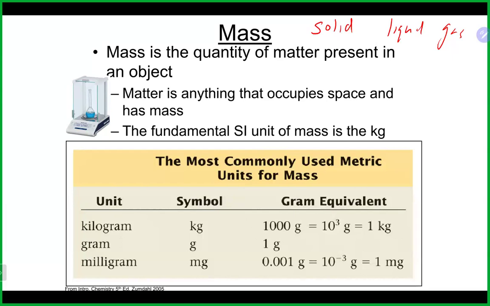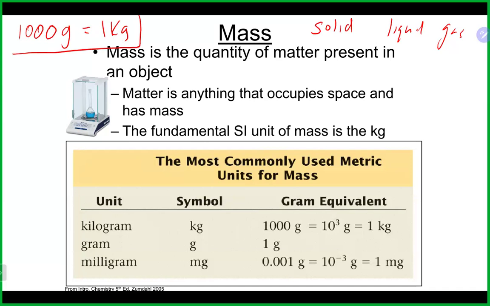The fundamental SI unit of mass is the kilogram, and here in this table are some common mass conversions that we use a lot. I would say 1,000 grams in a kilogram is a conversion we use a lot. And again, as we talked about last time, they expect you to know pretty much everything.